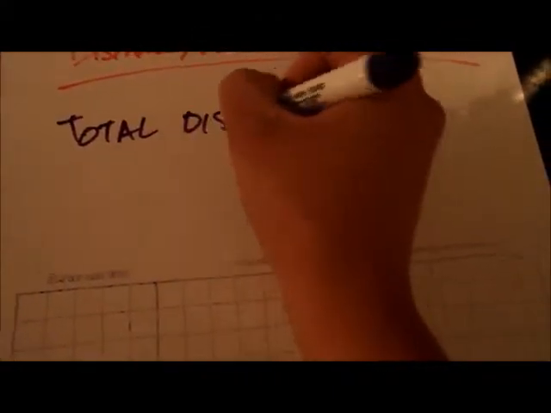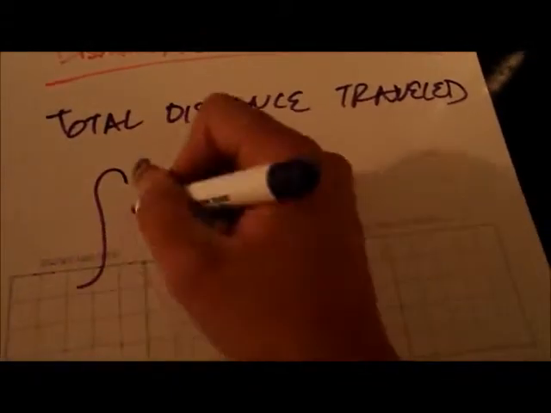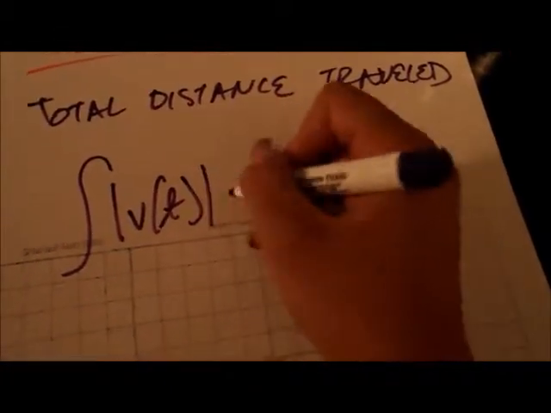You can also find the total distance traveled with this method by taking the integral of the absolute value of velocity.